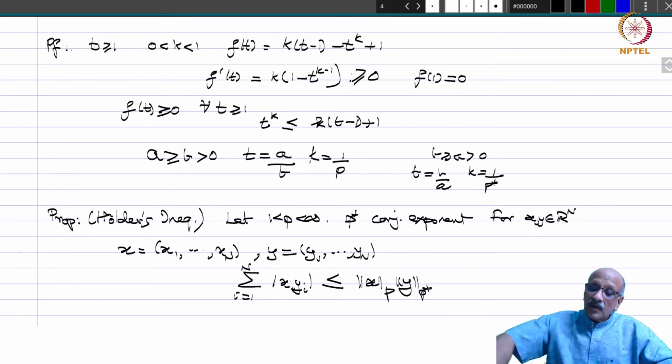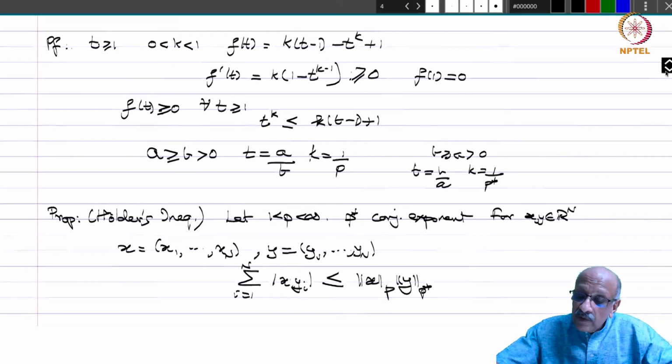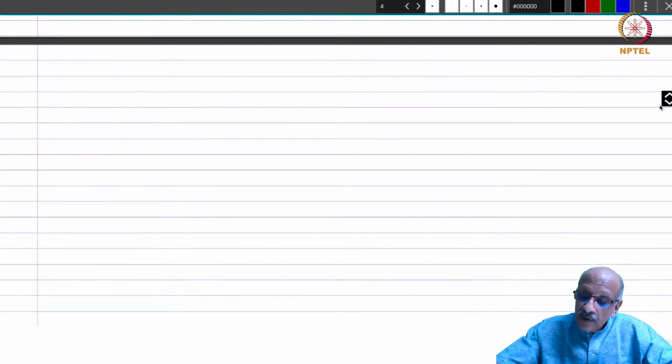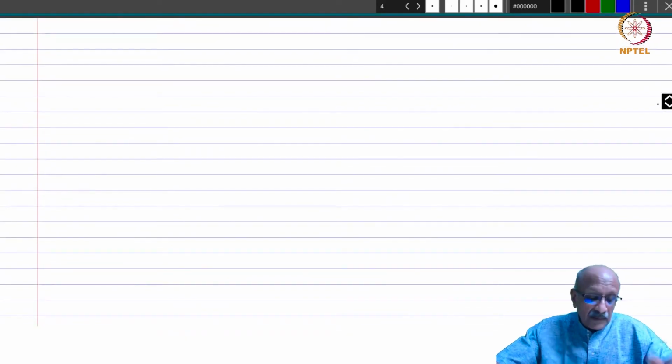This is a very important inequality which we will frequently come across in the future, and therefore we will take some time to prove this.